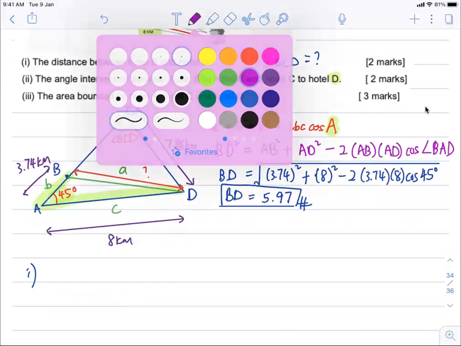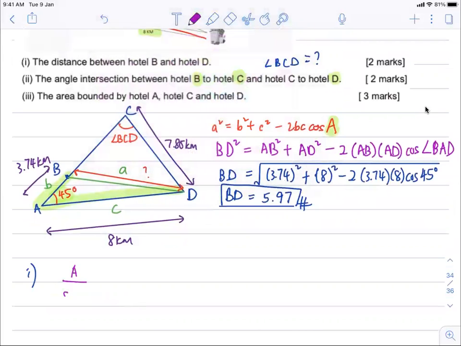This formula, a over sine A equals b over sine B equals c over sine C. This is for a triangle like this.